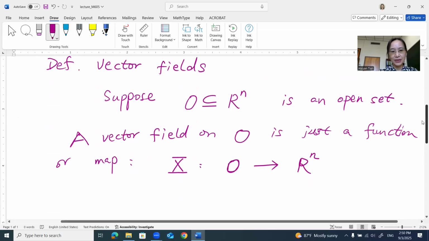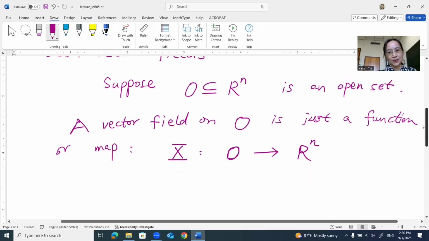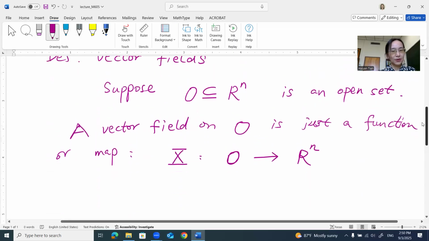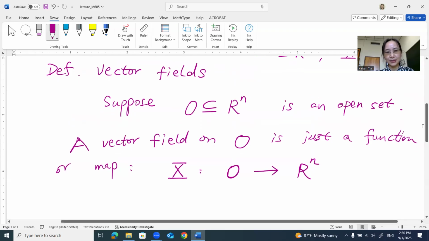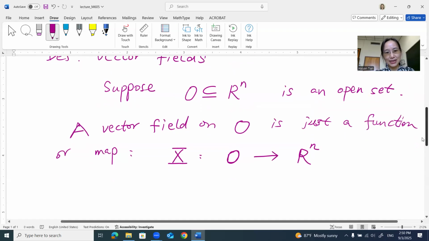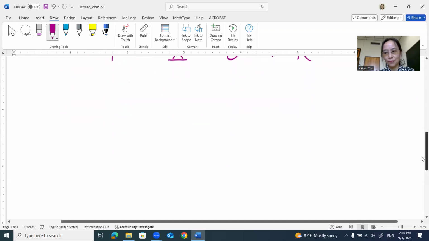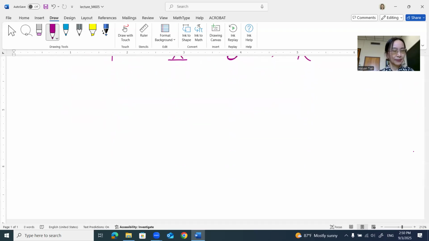So that is the definition of a vector field. A vector field that is defined on an open set. So let me draw a little diagram to indicate the meaning of a vector field. So let's first show an open set.